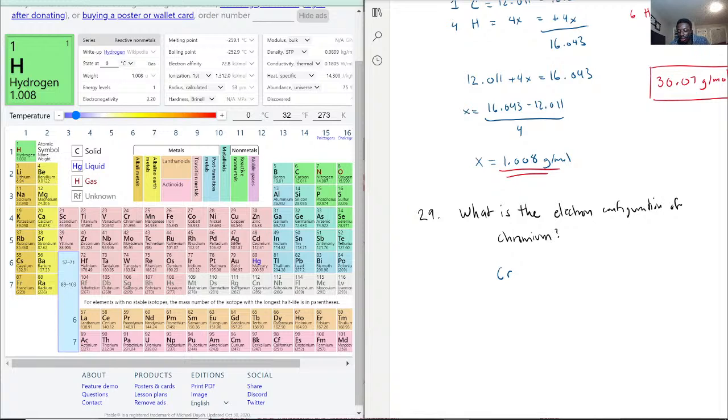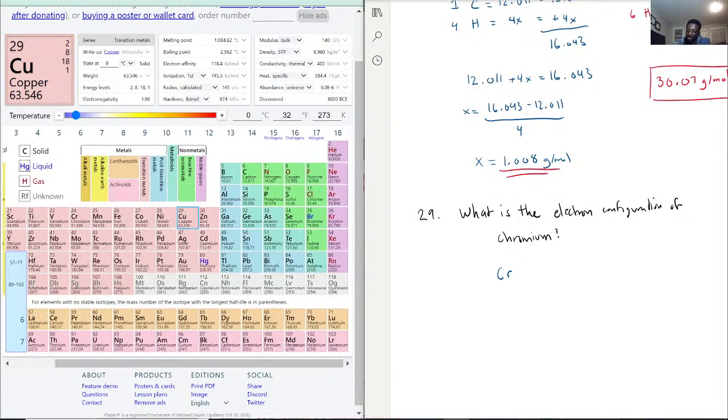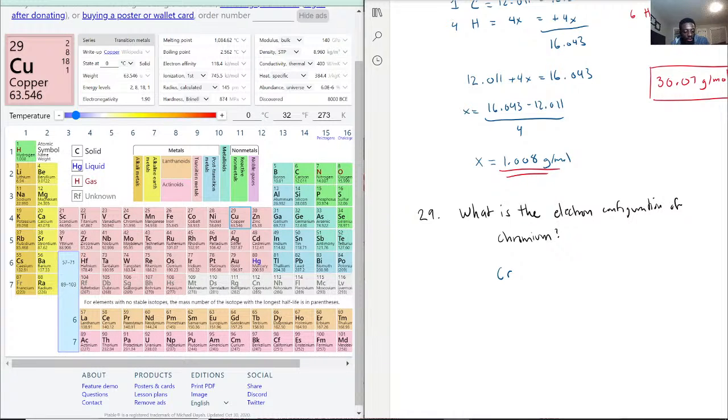We can do either a shorthand or longhand. We're going to do the longhand first, because we want to make sure that we see that at least once. Chromium is on the 4th row, so we have to start from the beginning. 1s2, that is a completion of the first row.